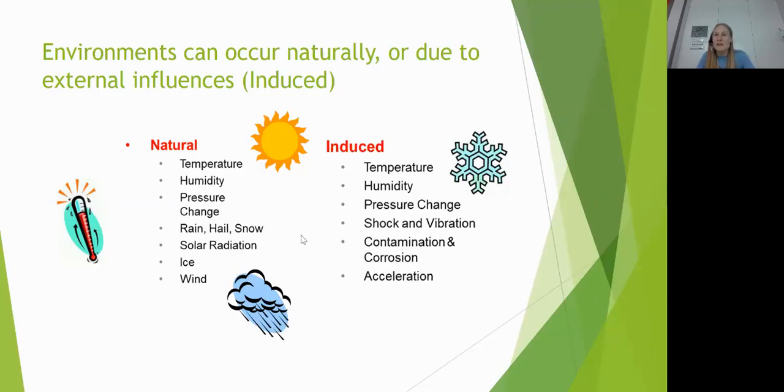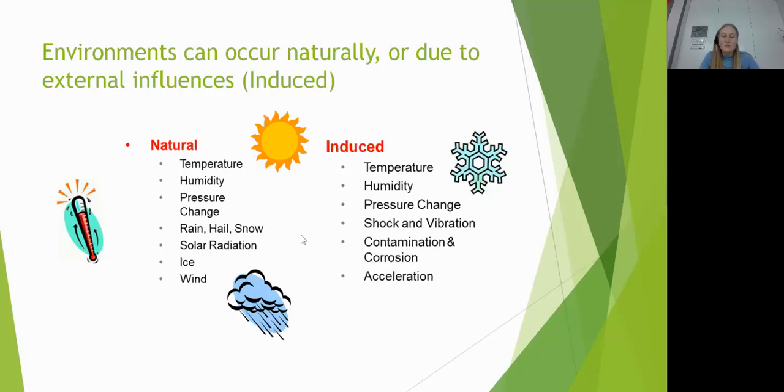If there's a lot of friction on cargo, it can get really, really hot, or if you're in a cargo bay where there's a fuel dump, that can also be really hot. Humidity, you've got the natural humidity of Earth as well as humidity in certain climates, and pressure change is the same. Every day you'll have pressure change, but if you're in a plane and the plane goes up, there's definitely an increase in pressure. So we can simulate that.